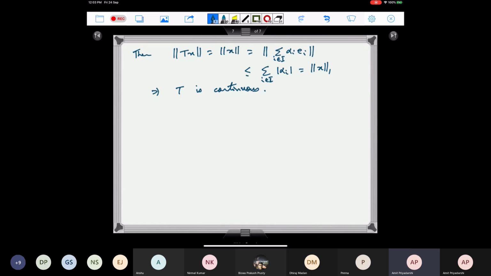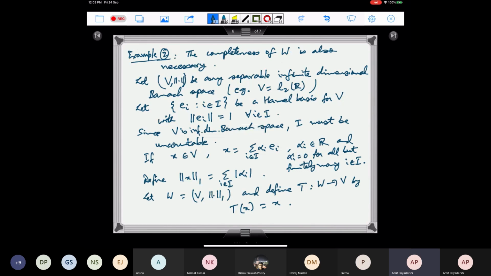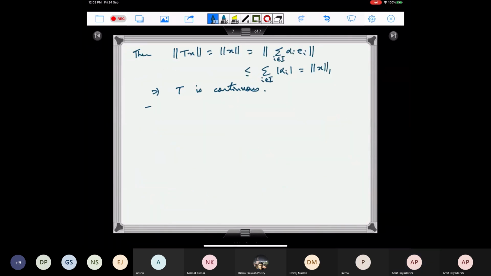So therefore, if we look at the graph of T, the graph of T is closed in W cross V, because for any continuous function, the graph is always closed if we take it into any Hausdorff topological space.